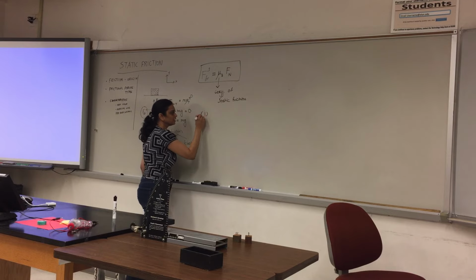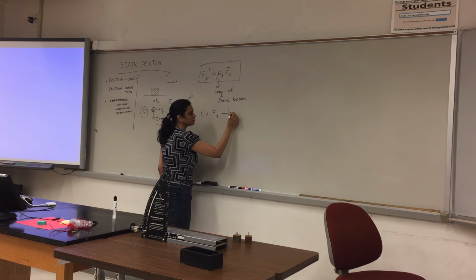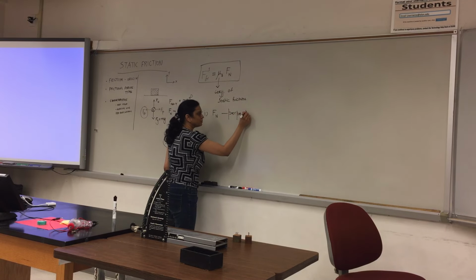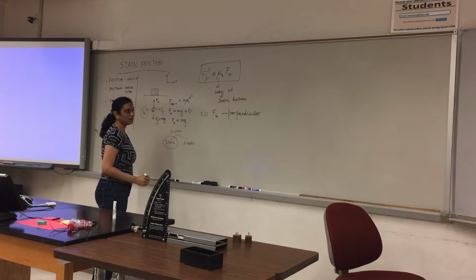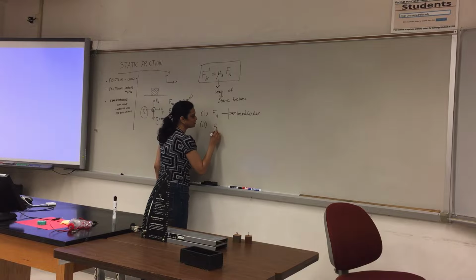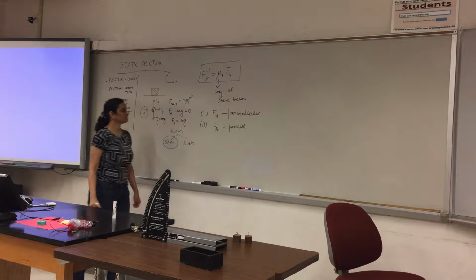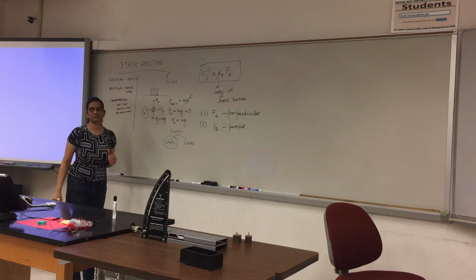One is the normal force, which is the force perpendicular to the surfaces in contact. And then you have the friction force, which is the parallel force, or the force that is parallel or tangential to the surfaces in contact.